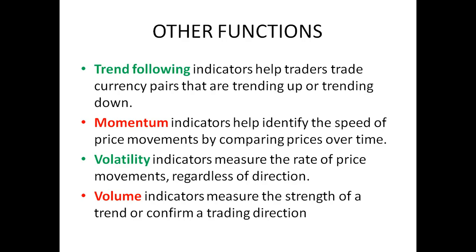Now, there are other functions, which is the second one, momentum. And this function known as momentum, the indicators that are momentum indicators help you identify the speed of price movement by comparing prices over time. So they tell you the speed of the price movement.